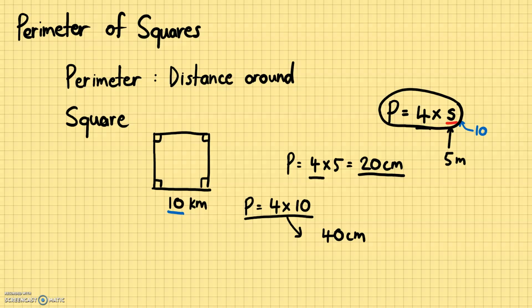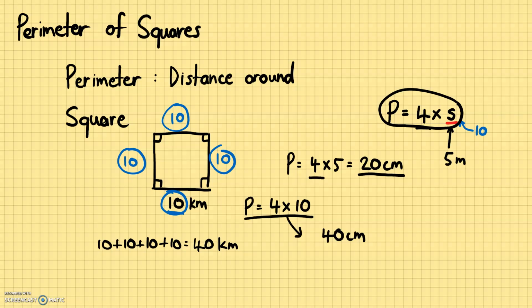Or you can picture this square as having the same sides, all 10s throughout, and just add up all the sides here. So if you add 10 plus 10 plus 10 plus 10 together, you're going to get 40 kilometers. I think using the formula is going to be much faster, since multiplying by 4 is much easier than adding the same number 4 times.